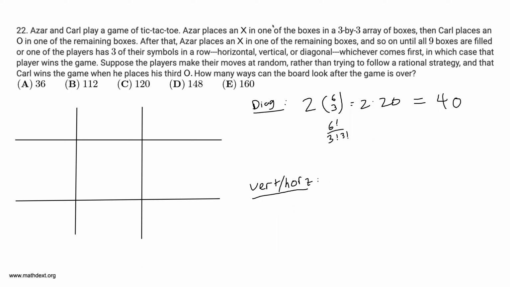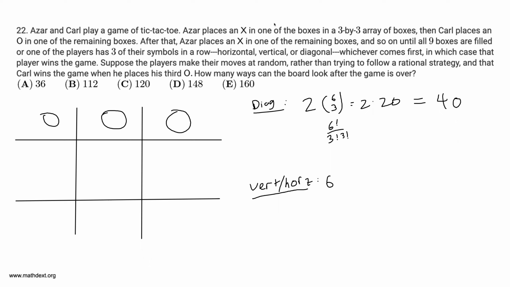So what we need to do is count 6 vertical or horizontal and multiply that by the number of ways Azar can place his X's. For example, let's assume that Carl's O's are here, and you can verify that this is indeed the same counting as if his O's were in these 3, or in these 3, or even in these 3. So there are 6 ways for Carl to claim a vertical or horizontal stretch of 3 squares in a row.